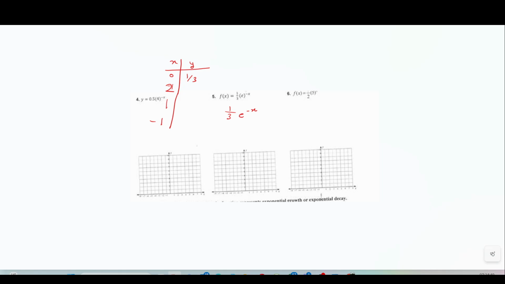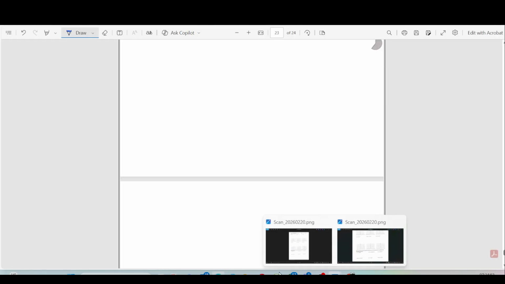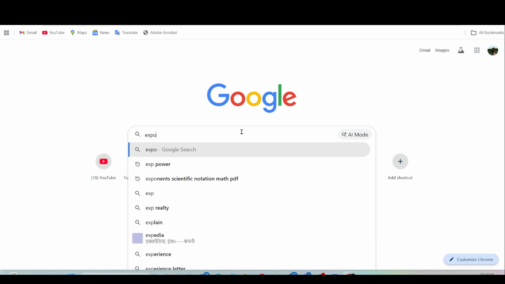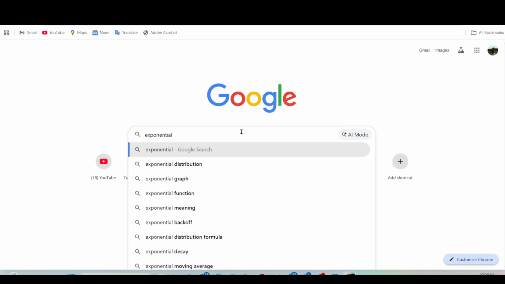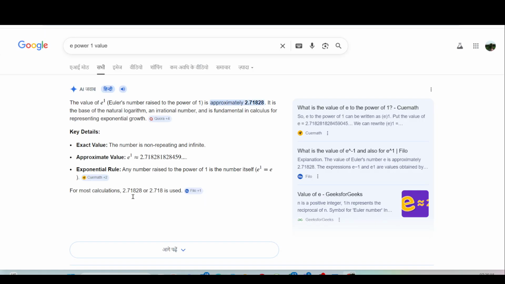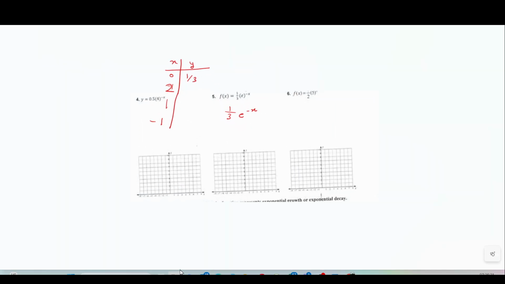So first let's start with 1. So e to the power 1 is 2.7. Oh yeah, it's like 2.72, right? But when we put 1, this is negative, right?